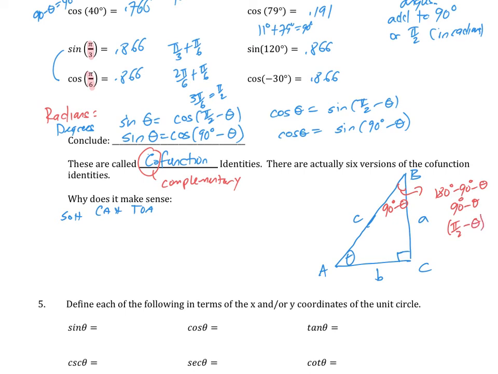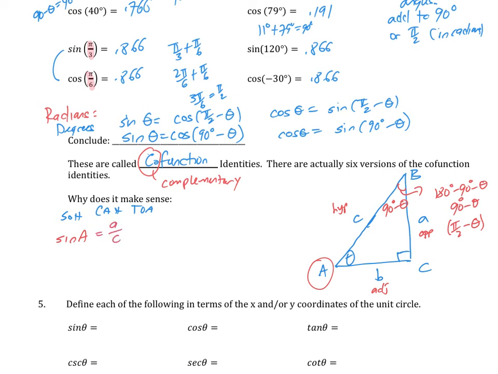Okay, so let's use SOHCAHTOA. I want to write the sine of A, okay? So sine of A, if I'm looking at angle A, this side will be my opposite. That would be the hypotenuse. That would be the adjacent relative to angle A. So sine of A is opposite over hypotenuse, which is a over little c.